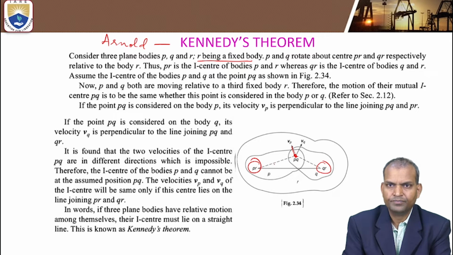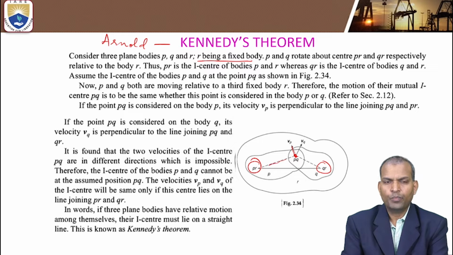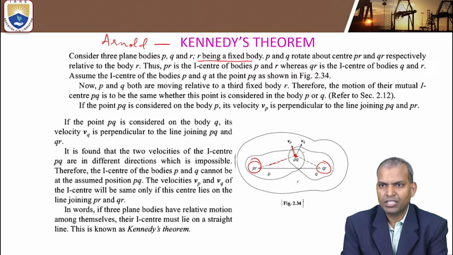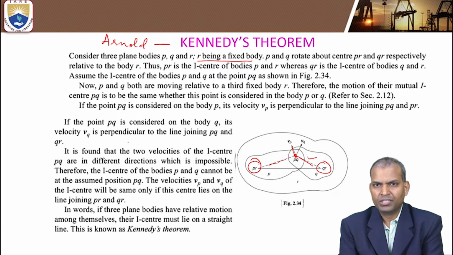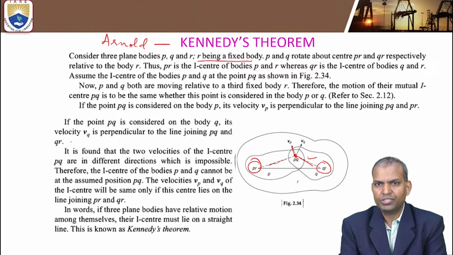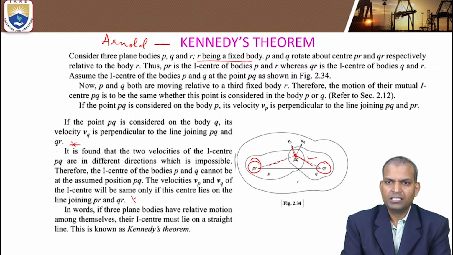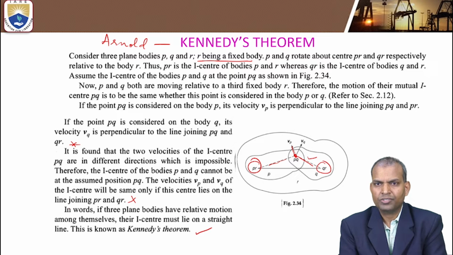This is the vector. And if the point PQ is on the body Q, its velocity vector is perpendicular to PQ and QR. This is the velocity vector. Now, what is the meaning here? You'll understand. Very important sentence here. This is the bridge sentence and this is the theorem sentence in this.